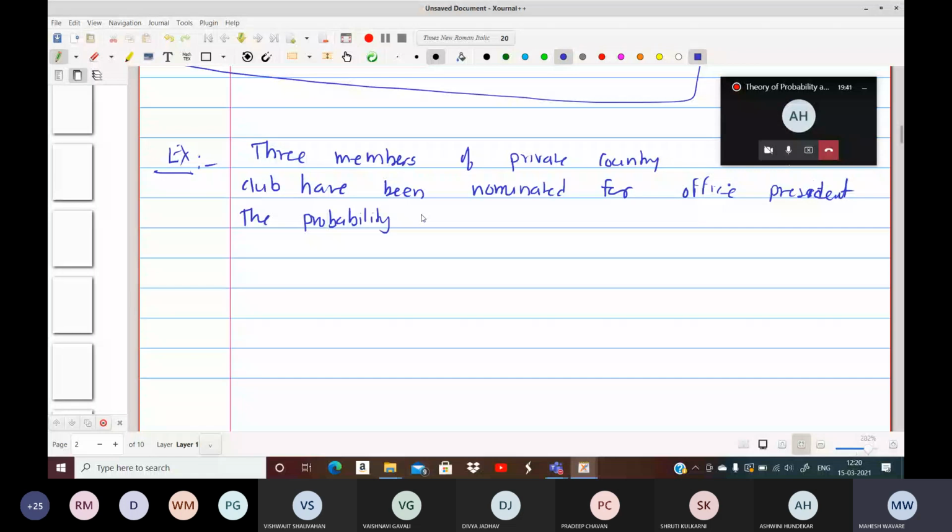The probability that Mr. Adams will be elected.